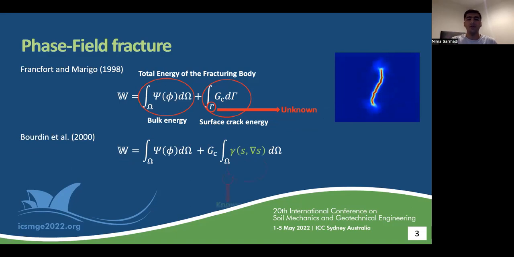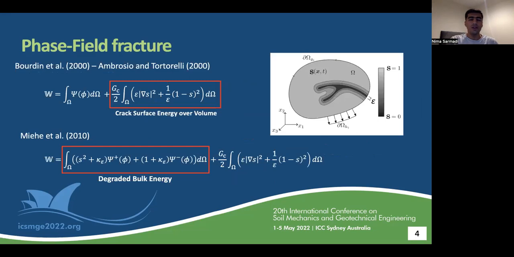So they introduced a crack surface energy functional, and they brought back that second integral over the known volume of the domain. They use this functional as a function of s, the phase field, which we call the damage parameter, which is equal to 0 when a crack is fully formed and equal to 1 if the material is intact.